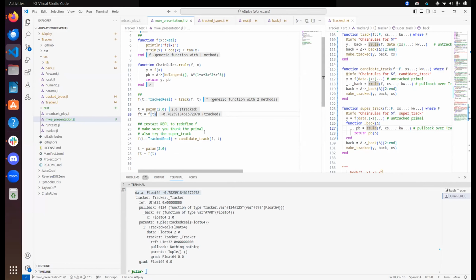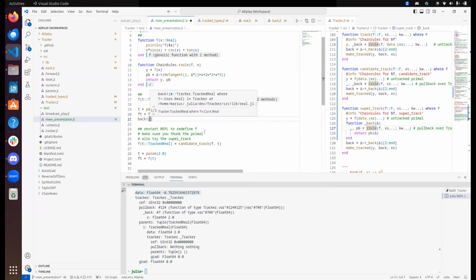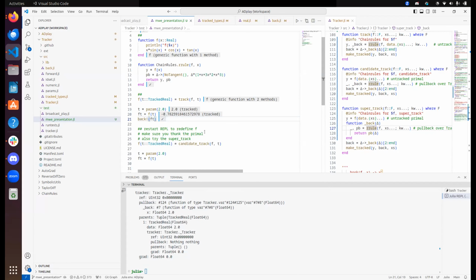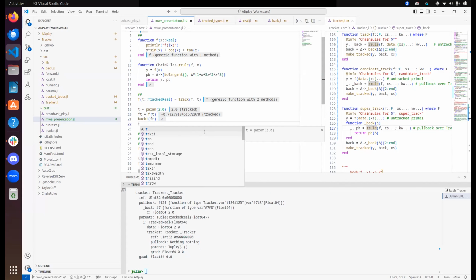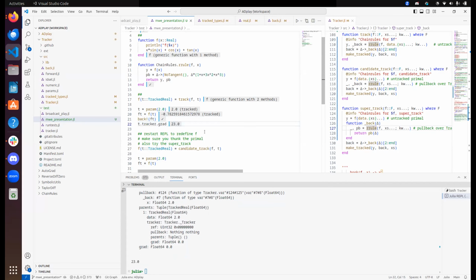And just like before, I call this back method, and then I access the gradient of T. And this is 33.